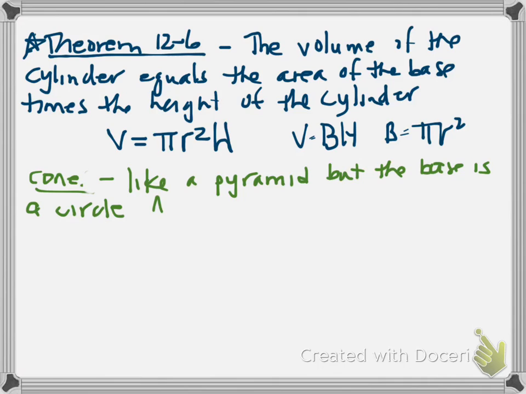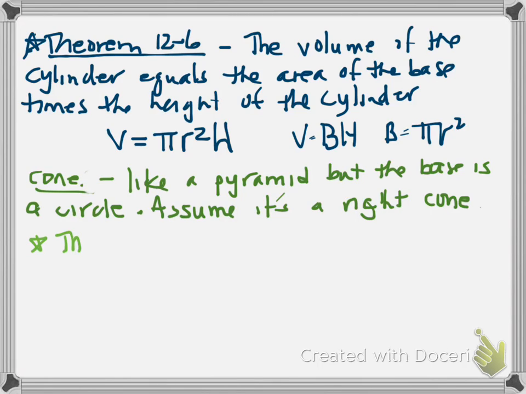And again, we're going to assume it's a right cone, as opposed to a wrong cone. Okay. So I've got two theorems on these, one on surface area, one on volume.